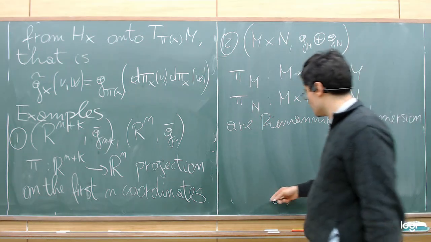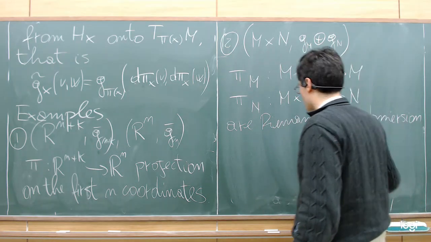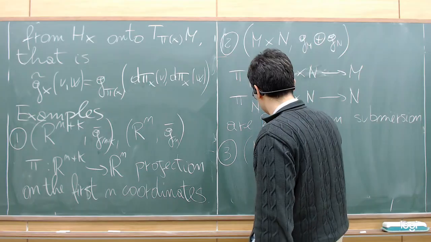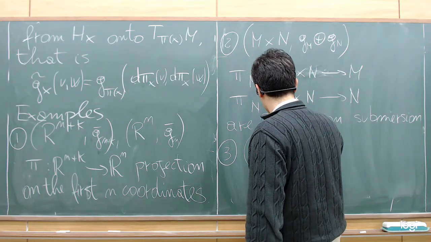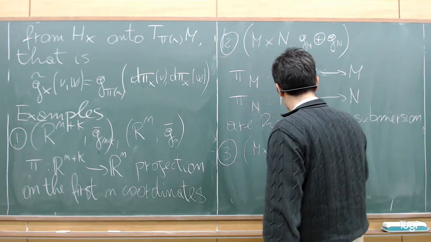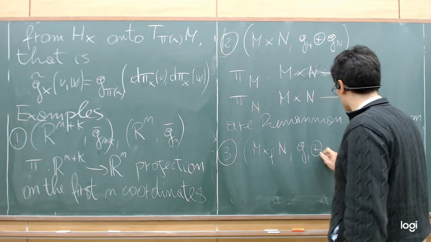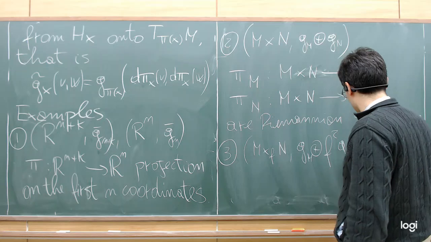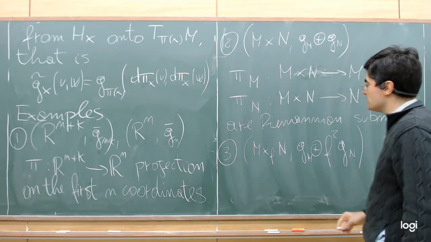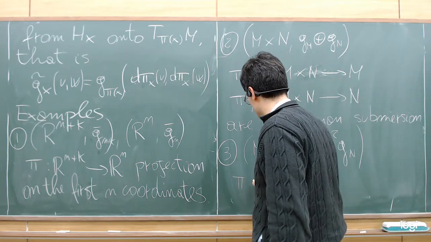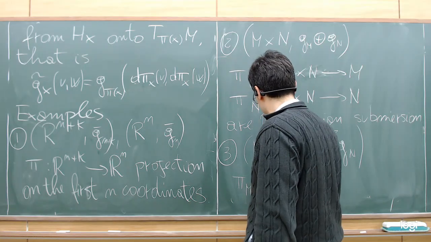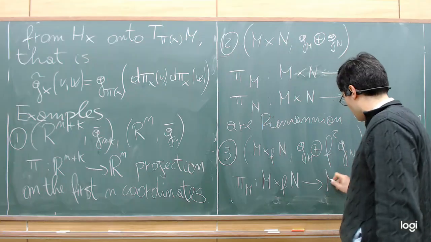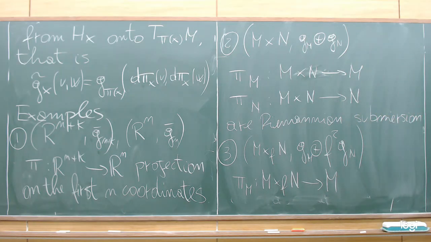Instead, if you use the warped product, it's possible to prove that only this map here is a Riemannian submersion.